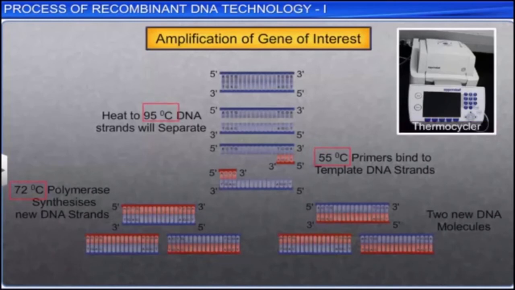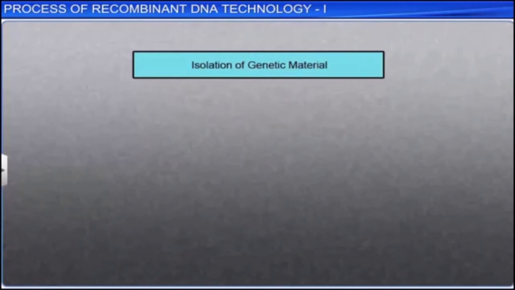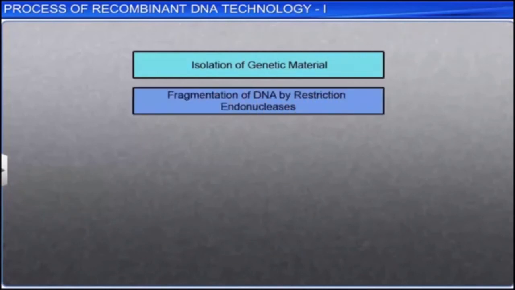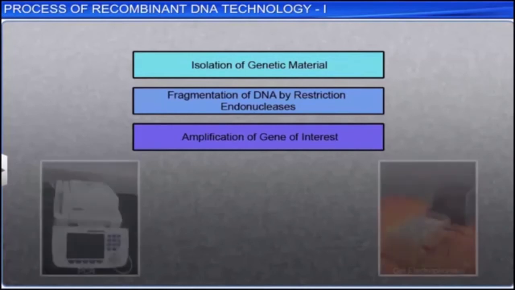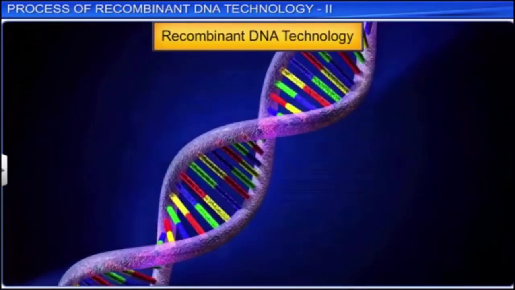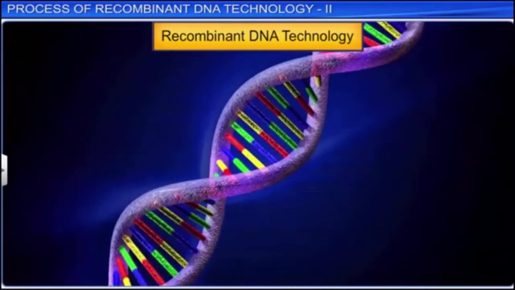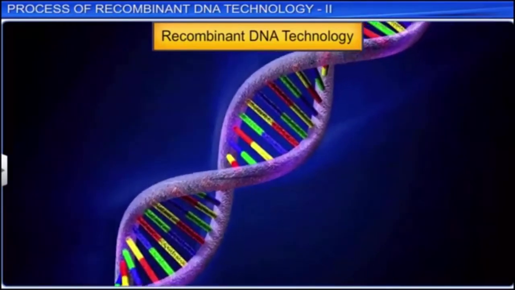These first 3 steps, isolation of DNA, fragmentation by restriction endonuclease, and amplification of the gene of interest, are important steps in recombinant DNA technology that are carried out using specific techniques. Recombinant DNA technology is an important tool in understanding the structure, function, and regulation of genes and their products.